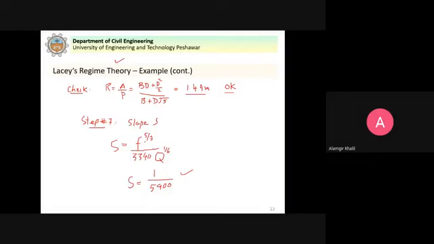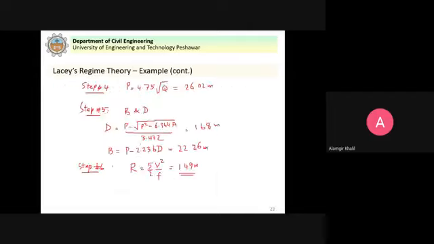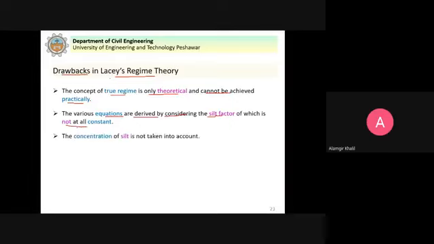The slope is related to this F, and the velocity is also related to this F.